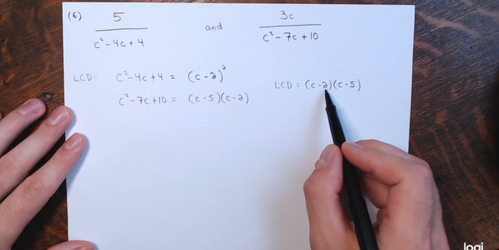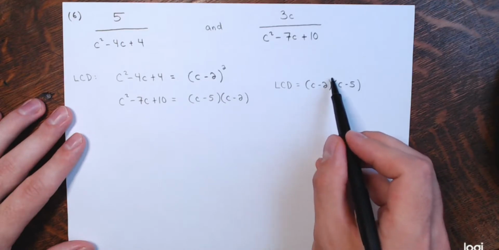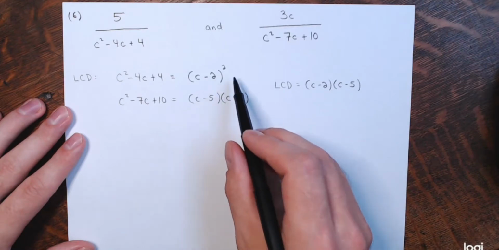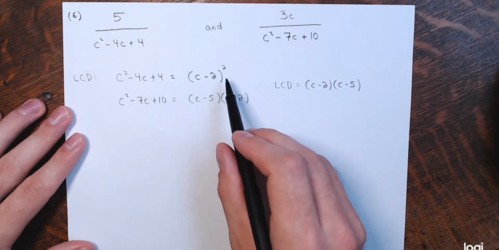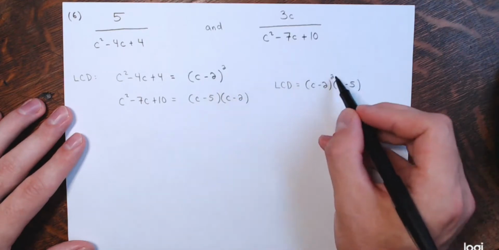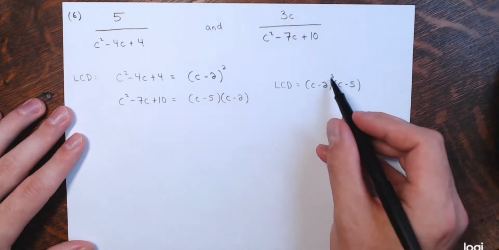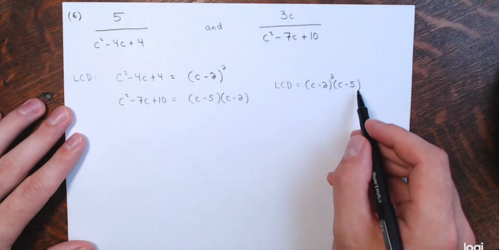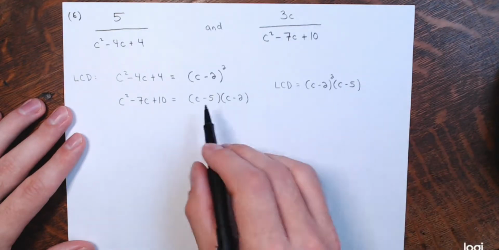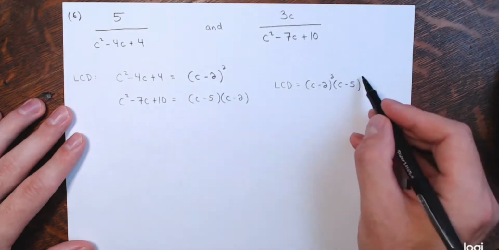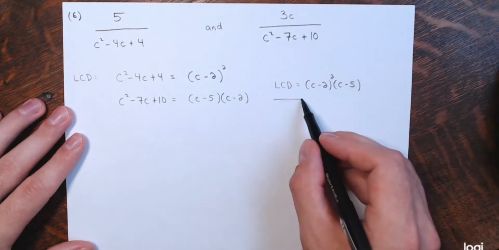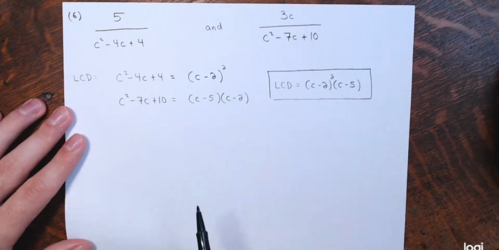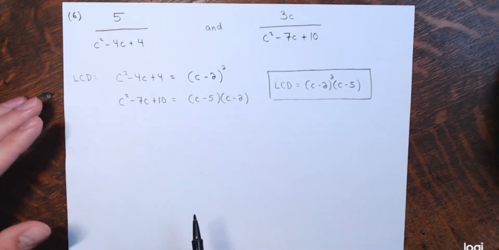The highest power on c minus 2 is 2. There's c minus 2 to the second, there's c minus 2 to the first. The highest of these powers is 2. So we have c minus 2 to the second, and then what's the highest power on c minus 5? Well, there's only c minus 5 to the first, so that's the power you're going to get in the LCD for c minus 5.